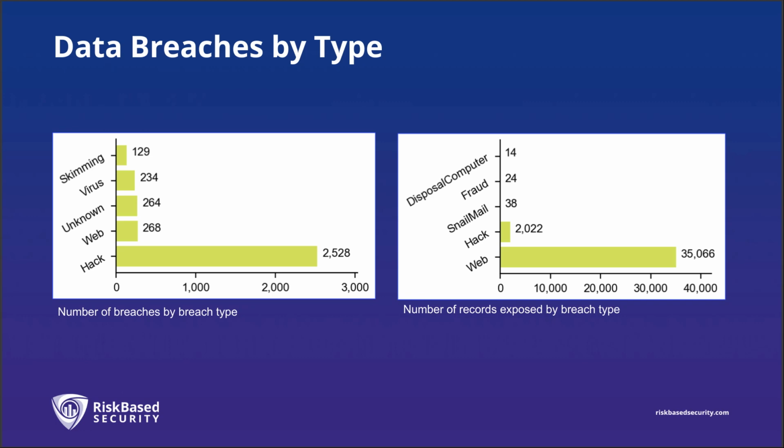When we are talking about number of records exposed, usually inadvertently making information available on the web, coded as web, accounted for the most records exposed at 35 billion. Now, I did want to mention, I know we talked a little bit about ransomware at the opening of our session.